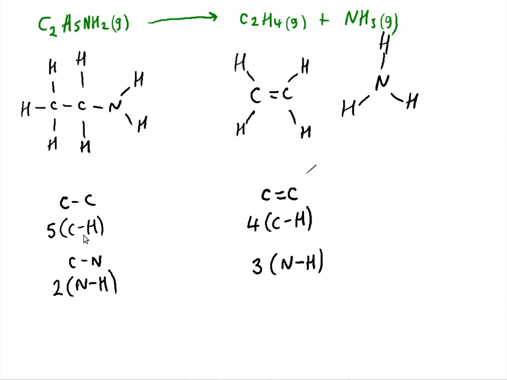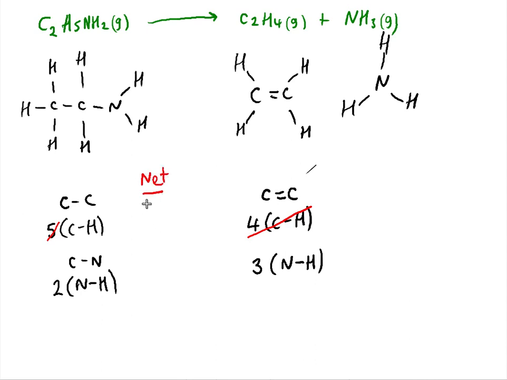We have 5 of them on the reactant side and 4 of them on the product side. So if we look at the numbers, 5 on this side and 4 on that side, we can effectively discount those 4, take them away to leave us with one carbon-hydrogen bond, one net carbon-hydrogen bond.